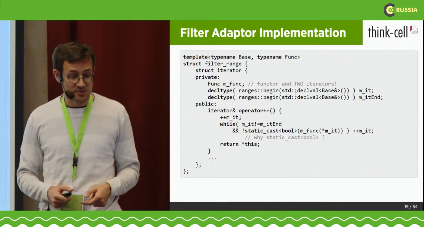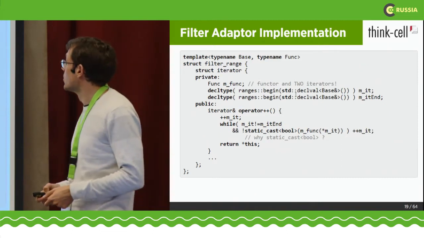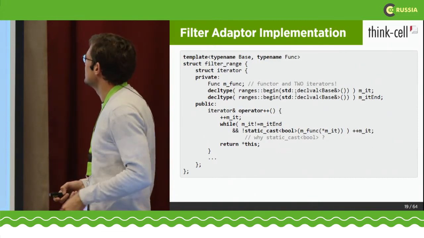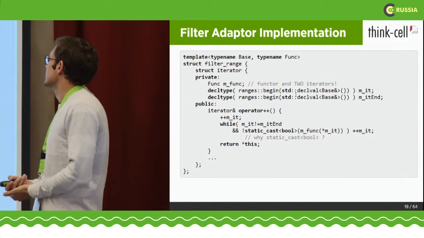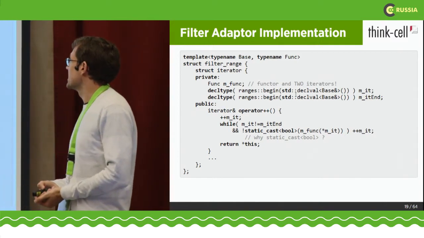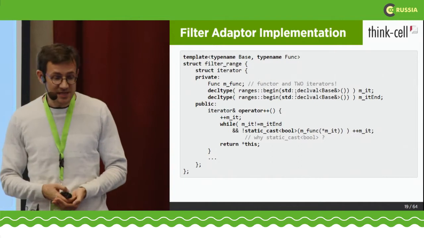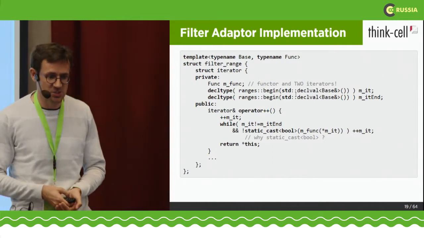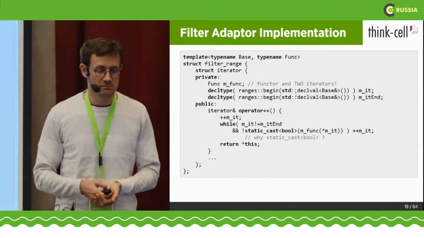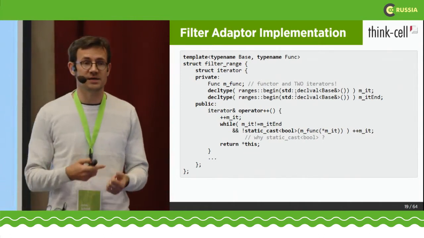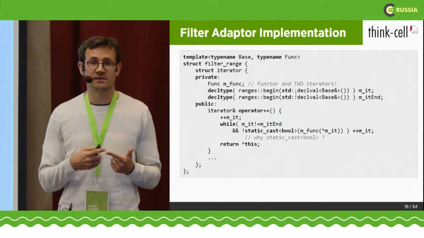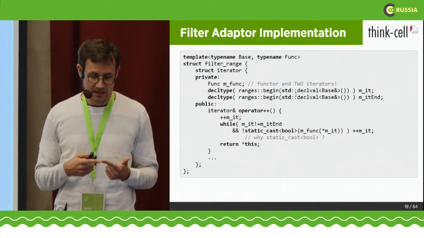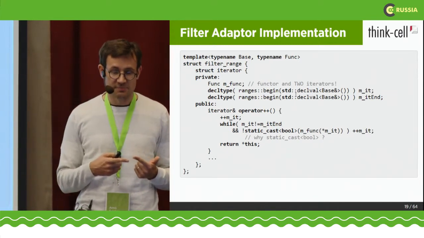Now here's your filter adapter implementation. So if you do this in the kind of naive way, you start with the filter range, which again contains iterators. And for the iterator to do its job, it again needs a few things. One is the function that you want to do the filtering with, and the other one is the iterator. Well, there's a little caveat here.